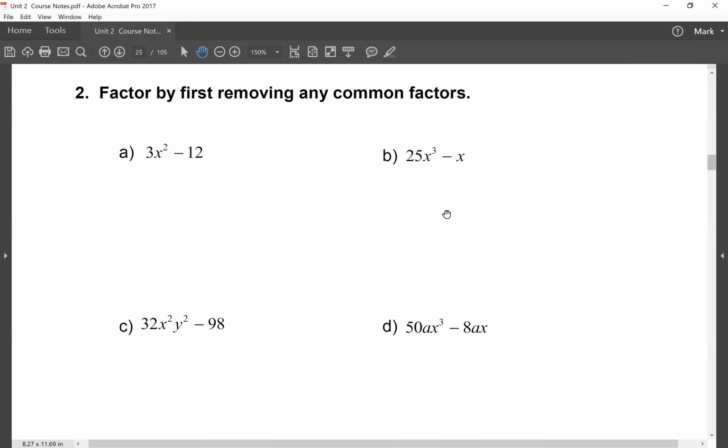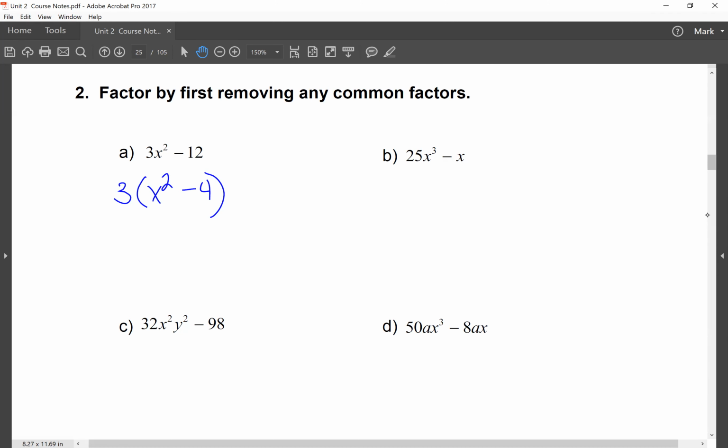It doesn't look like it. But again, the first thing you do with any factoring equation is see if you can remove any common factors. So you would do that before anything. So when I see question A, I know I can factor out a 3. When I remove the 3, I get x squared minus 4. And now I notice that there's another step I can do.